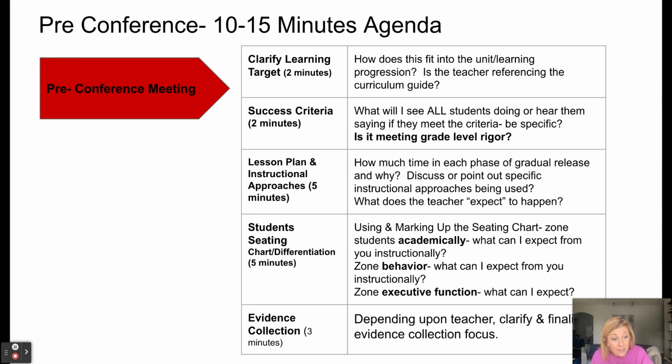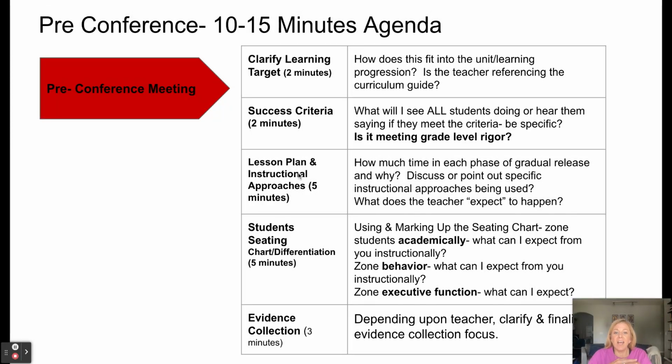I'm going to go into the curriculum guide or map and I am really listening for what the success criteria is, because I know I'm going to have to collect evidence and I'm going to want to know how many students met that success criteria by the end of the lesson, and I'm going to provide that back for the teacher. So I need to know that specifically.